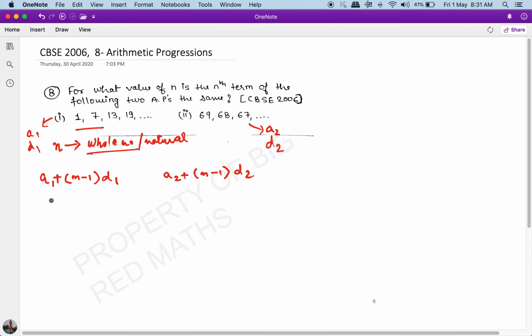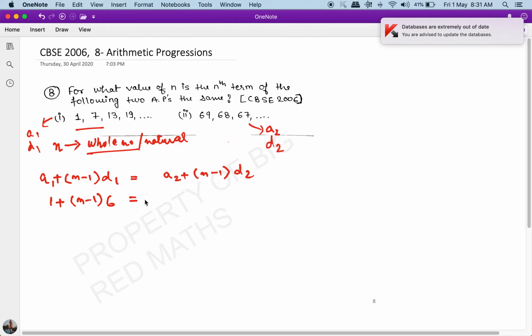So A1 here is 1, which we can see. n minus 1 is what we have to find, and D1 is 6. And this should also be equal to A2, which is 69, plus (n minus 1) into D2, and D2 here is minus 1.